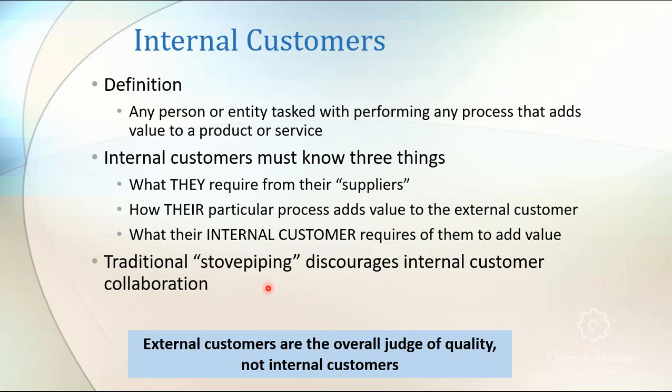So to do this, you need to change the measurements so that the measurements are directly linked to customer value, both external and internal. And it's important to remember that external customers are the overall judge of quality, not internal customers. So if your internal customer demands something from you and it doesn't add value to the external customer, then you're not adding value, you're just wasting time.